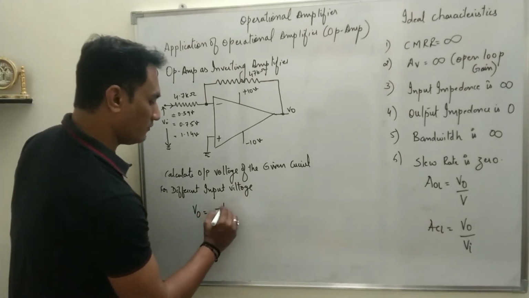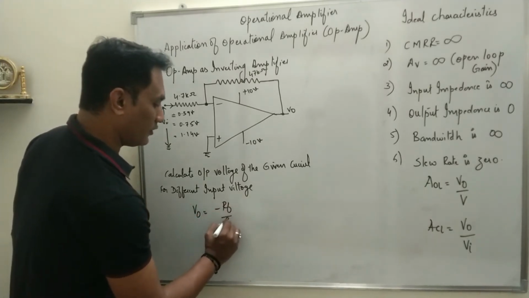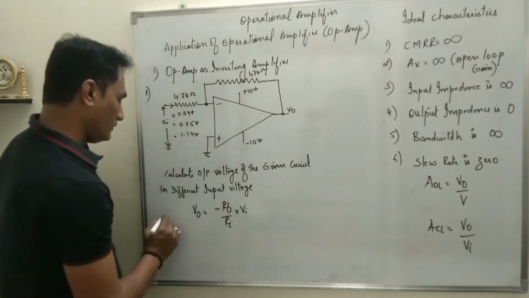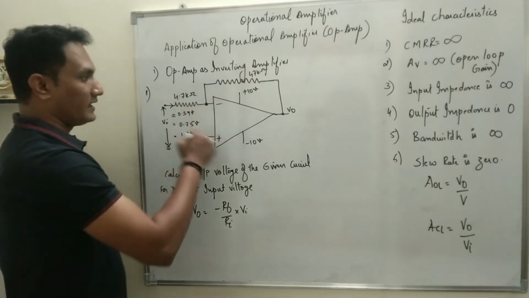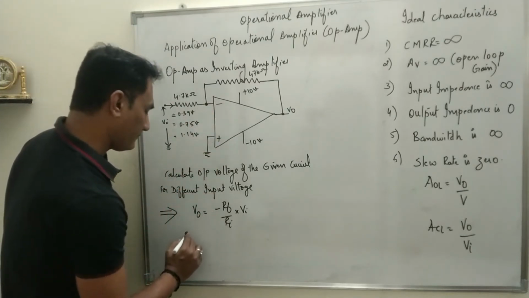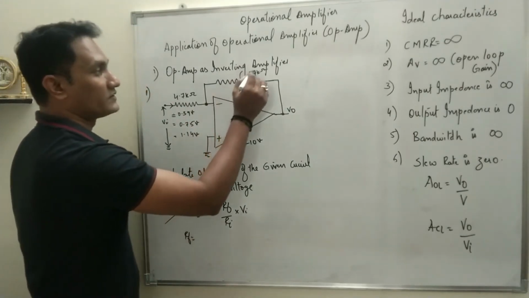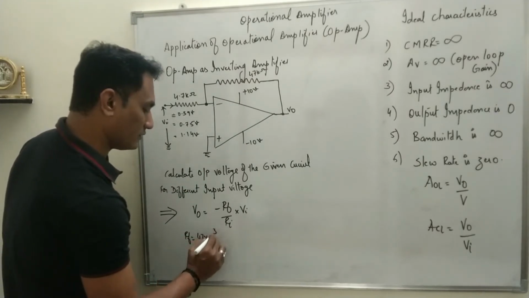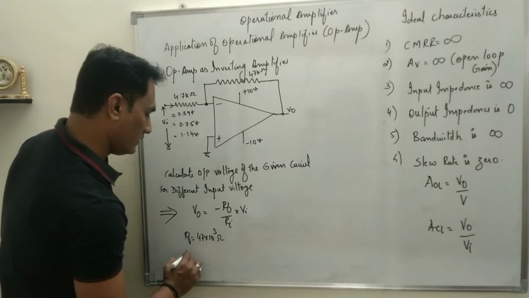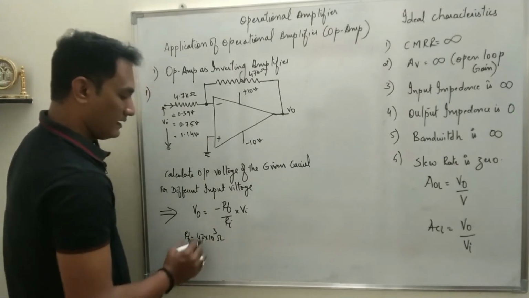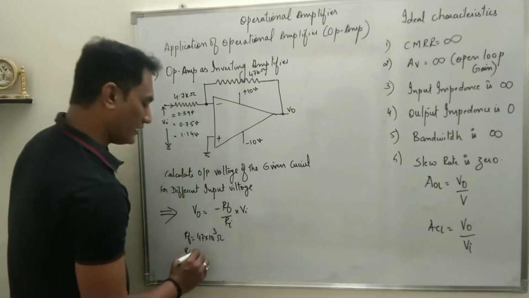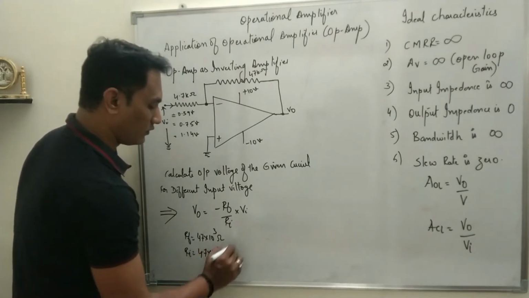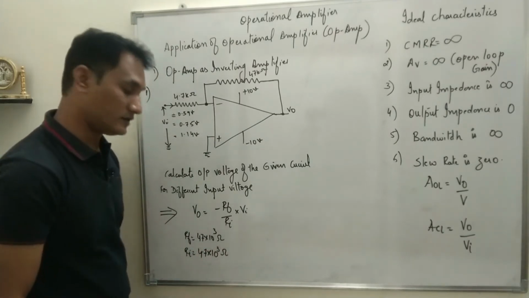V0 is equal to minus RF upon Ri into Vi. So in this circuit diagram, what is RF? RF is 47 kilo ohms, that is 47 into 10 to the power 3 ohms. What is Ri? Ri is 4.7 kilo ohms, that is 4.7 into 10 to the power 3 ohms.